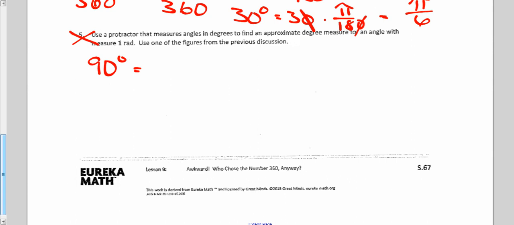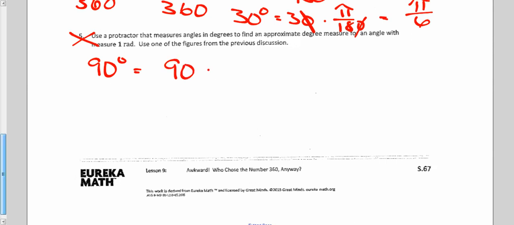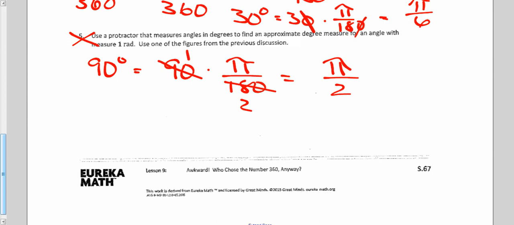It equals 90 times what? Pi times pi over 180. Good, Nick. And then I just simplify the fraction, right? So 90 goes into 180 how many times? Twice. So that's 1, that's a 2, and then it equals pi over 2 radians.